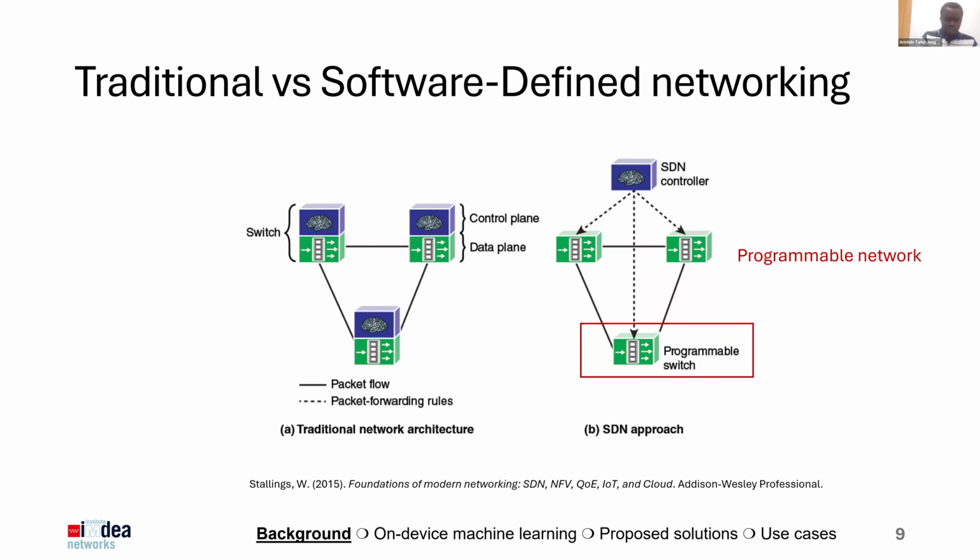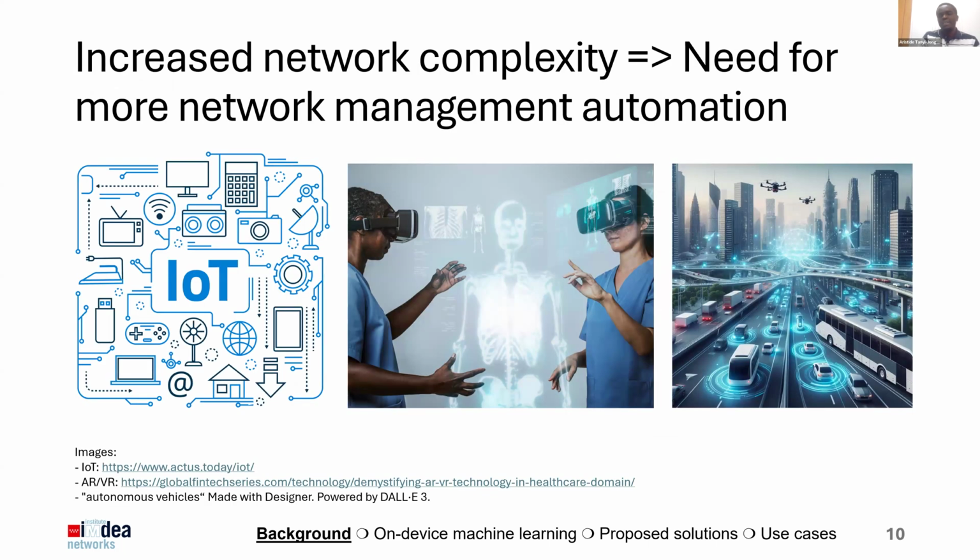So moving on from this distinction between traditional networking and the software-defined networking paradigm, we note that the network complexity nowadays is increasing greatly in order to support all the new applications that we have, be it IoT and massive IoT that is coming with billions of interconnected devices, be it things like artificial or virtual reality, or even autonomous vehicles.